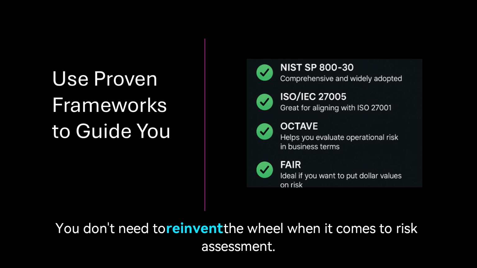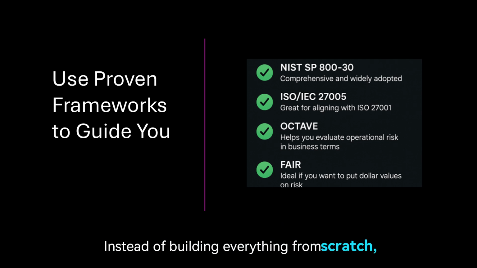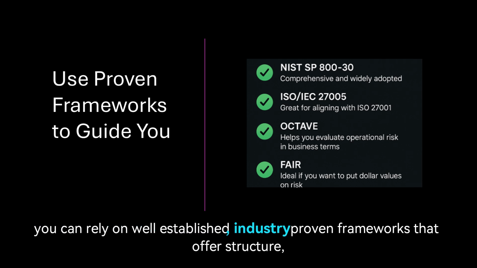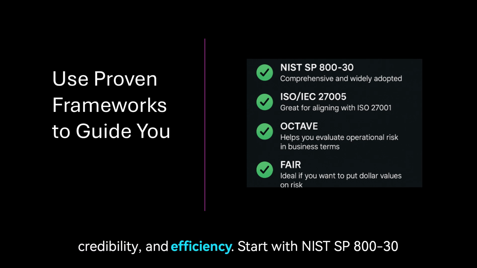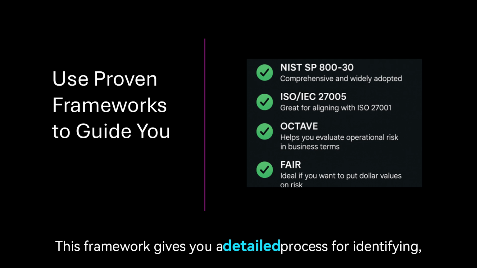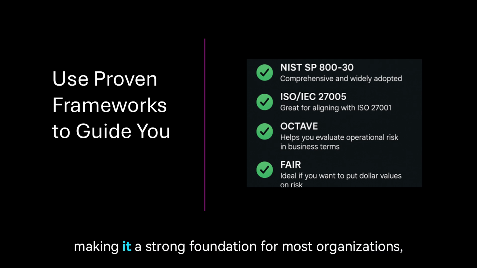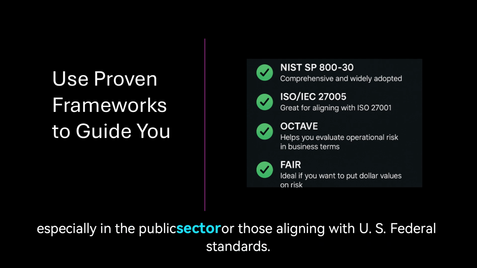You don't need to reinvent the wheel when it comes to risk assessment. Instead of building everything from scratch, you can rely on well-established, industry-proven frameworks that offer structure, credibility, and efficiency. Start with NIST SP 800-30 if you're looking for a comprehensive and widely accepted approach. This framework gives you a detailed process for identifying, assessing, and mitigating risks, making it a strong foundation for most organizations, especially in the public sector or those aligning with U.S. federal standards.